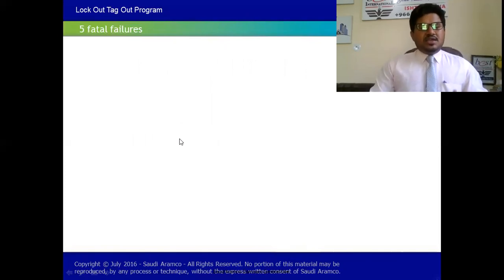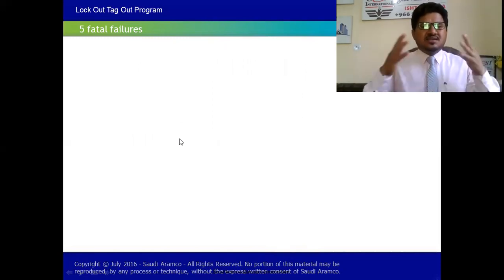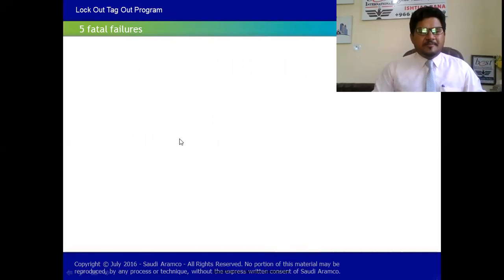But still, even though Saudi Aramco has reliability engineers, a lot of maintenance experts, and even excellent operation engineers and operation managers, and to be very honest the excellent equipment and technology is there, still Saudi Aramco is claiming the 5 fatal failures are there.